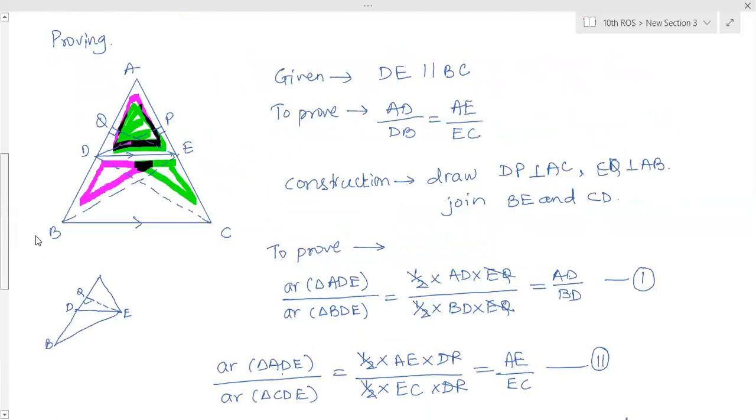This proving is very important. It is asked for 4 marks. Earlier there were 4, now you have only 2. So this one and the Pythagoras theorem: one formula, one derivation will be there in your exam. Sure shot. So write it down.